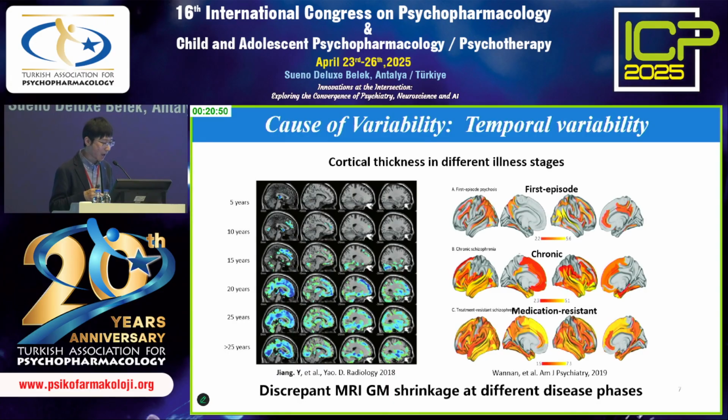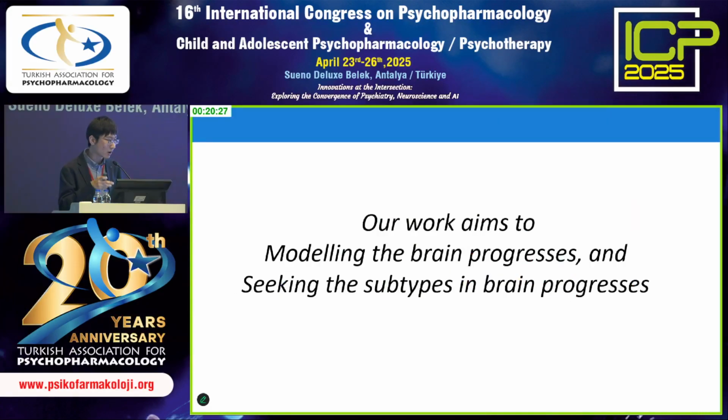At the first episode, patients have atrophy only in local regions such as frontal, temporal, and parietal. But at the chronic stage, the brain atrophy spreads to most of the other regions and cortex. So our work is to model the brain changes and find potential subtypes in the progression.